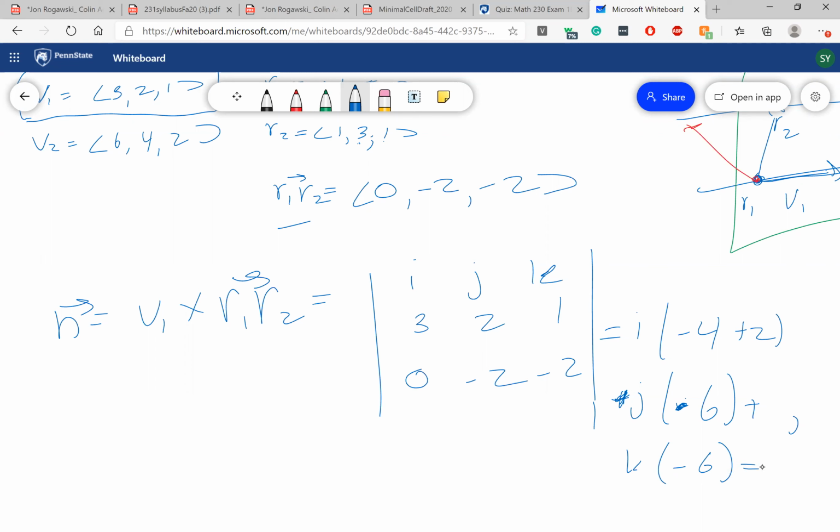So this is equal to the vector negative 2, 6, and negative 6.